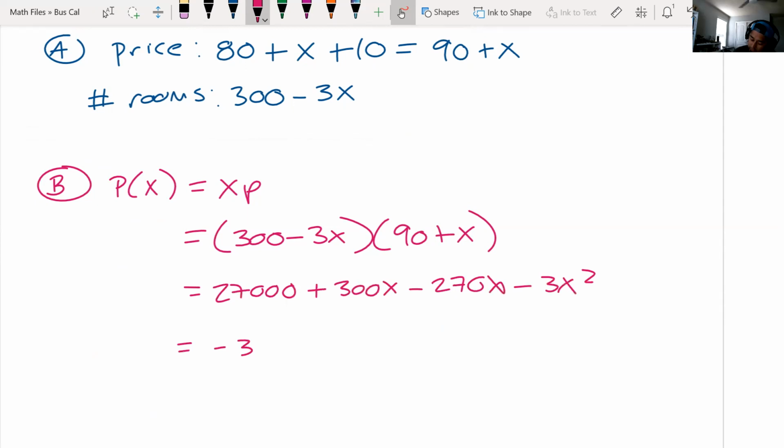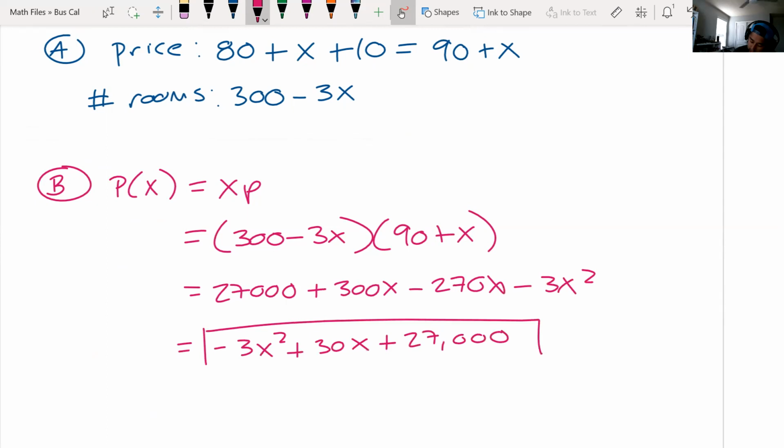Combine like terms: negative 3x squared plus 30x plus 27,000. Here is our gross profit equation.